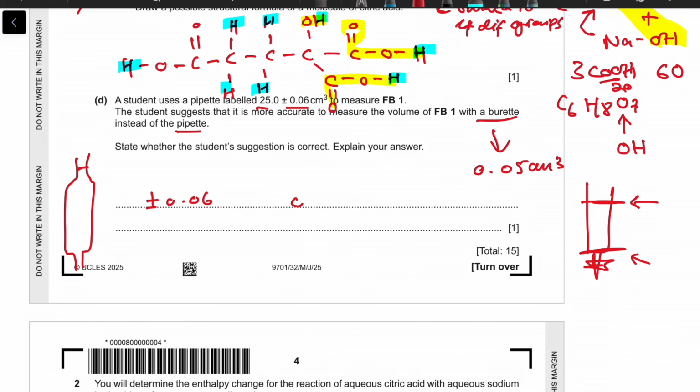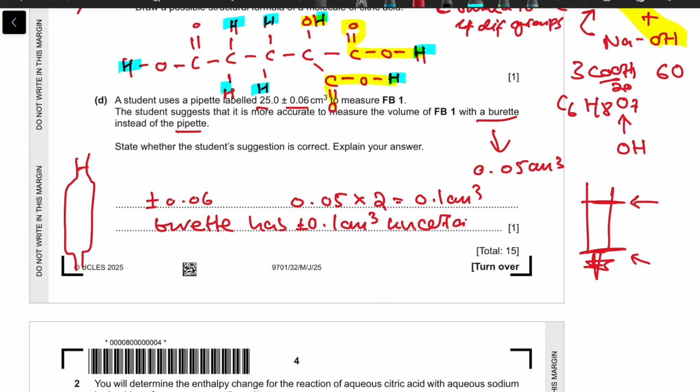We will have double this error, so 0.05 times 2, which equals 0.1 centimeters cubed. So a burette has 0.1 centimeter cubed plus or minus uncertainty, which obviously is greater than 0.06. 0.1 is larger than 0.06.